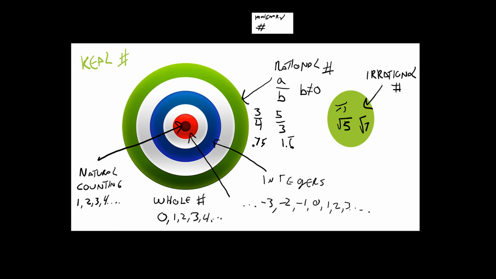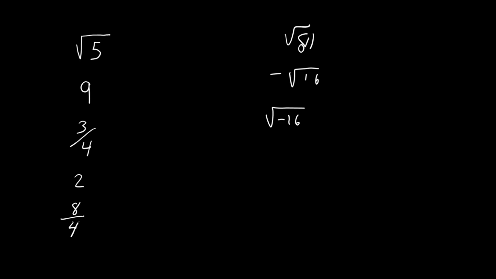So let's take a look at a few numbers and be able to classify them by their classification. Square root of 5 is an irrational number. Number 9, if we list just the most precise, it would be counting or natural.